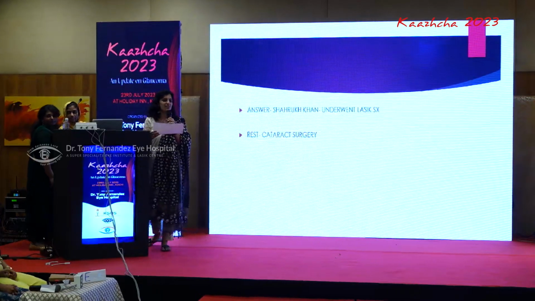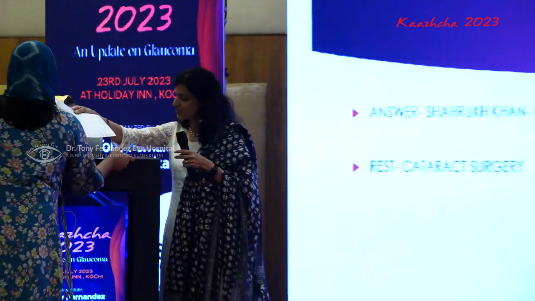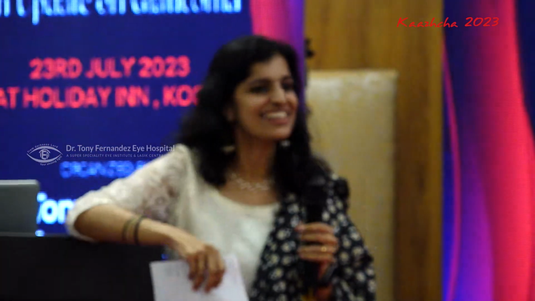Now we have the final score. We have team D with 45 points, team E with 55 points, team C with 75, team A with 110, and the winners team B with 190 points.